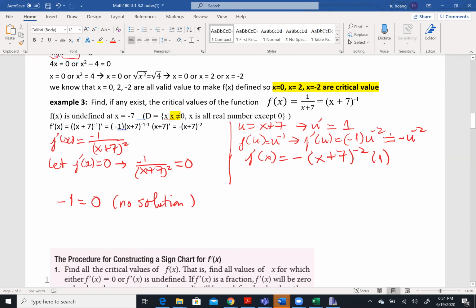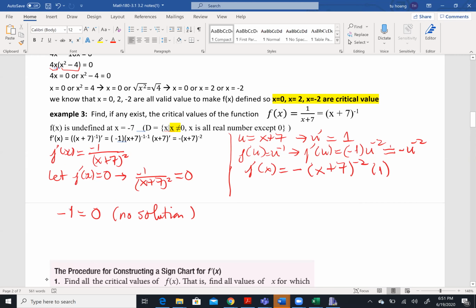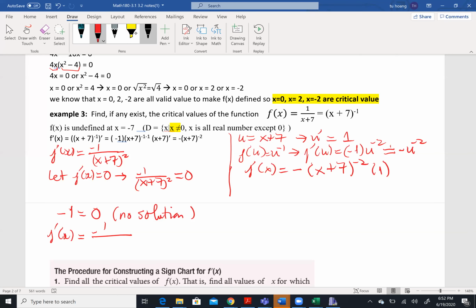Okay. So you note that f derivative of x equals -1 over (x plus 7) squared, and this is a rational function, right? Since it's a rational function, it will be undefined if the denominator equals 0, right?